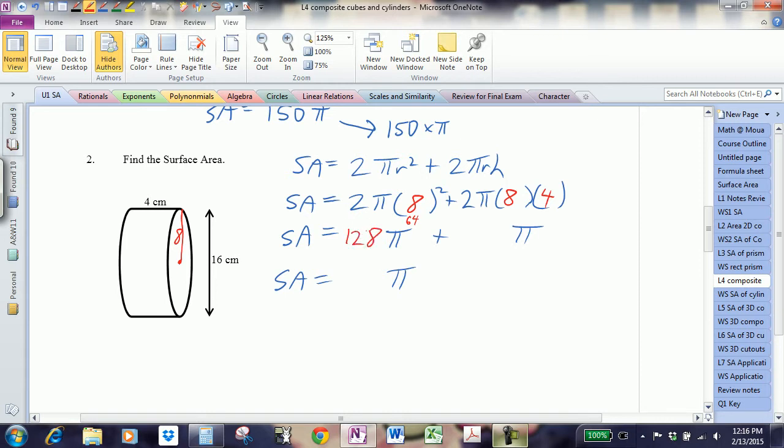128 pi. Now, a good little trick: how many people know the answer for 16 times 4 off the top of their head? Not too many. Tough to do. So I like to go 8 times 4 first, 64, and then times it by 2 afterwards, because it's easy to double numbers.